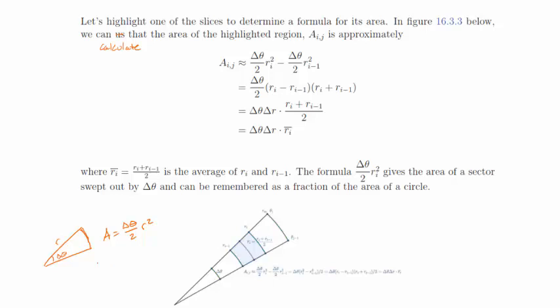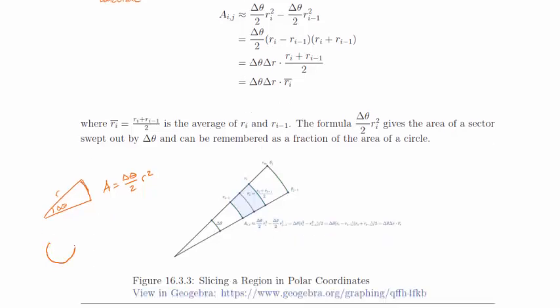If I have an entire circle and we're trying to find the area, it equals 2 pi over 2 r squared. Now we just write pi r squared, but this is half of the total angle all the way around, which is 2 pi. So to get the area of a circle with radius r, the total angle is 2 pi. We cut that in half, get pi, and multiply that by r squared.